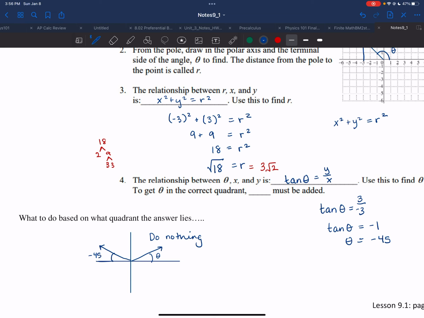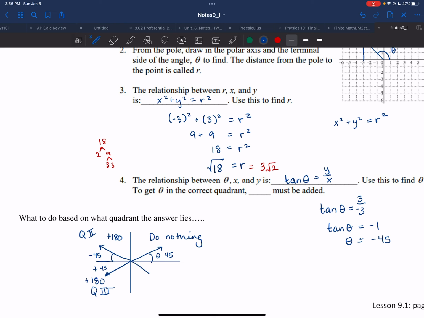So what you're going to have to do is add 180 if you're in quadrant 2. Down here, it will give it to you as a plus angle. So this one would be, right, if this is 45, this would be plus 45. But notice in quadrant 3, it gives you the same number as it does in quadrant 1. So if you know it's in quadrant 3, meaning that both your x and your y are negative, again, you're going to add 180.